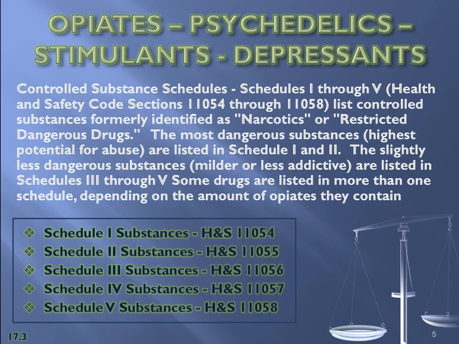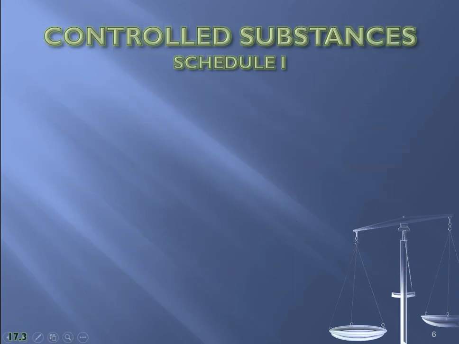So we have Schedules 1 through 5, and each schedule, as you can see, is listed in the Health and Safety Code by the code number. Anything in Schedule 1 would be under 11054, and then Schedule 2, 11055, etc. That makes it pretty easy for us to find. So let's take a look at Schedule 1.